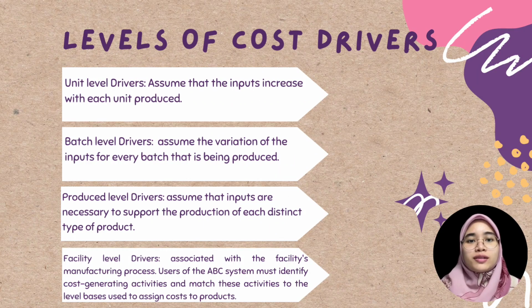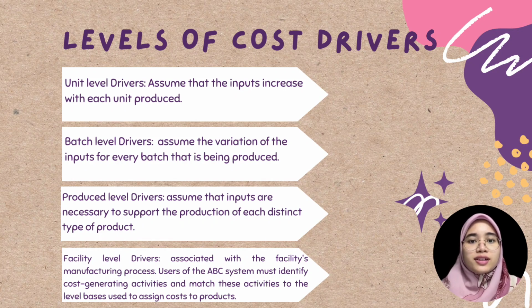There are four levels of cost drivers. First level is unit level drivers, costs that assume the input increases with each unit produced. Second level is batch level drivers, costs that assume the variation of the inputs for every batch that is being produced. Third level is product level drivers, costs that assume the inputs are necessary to support the production of each distinct type of product.